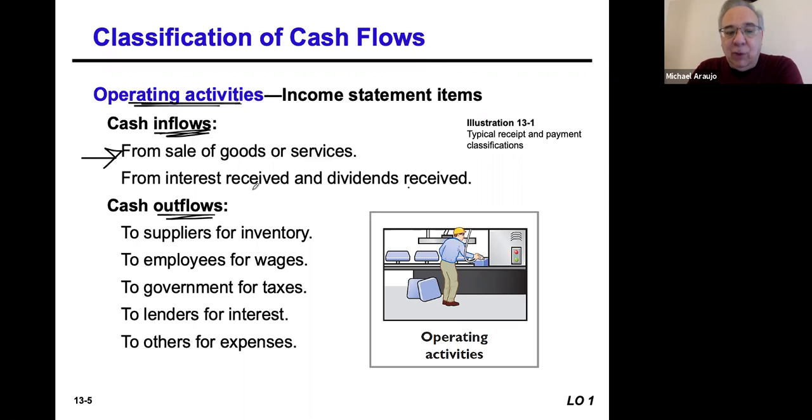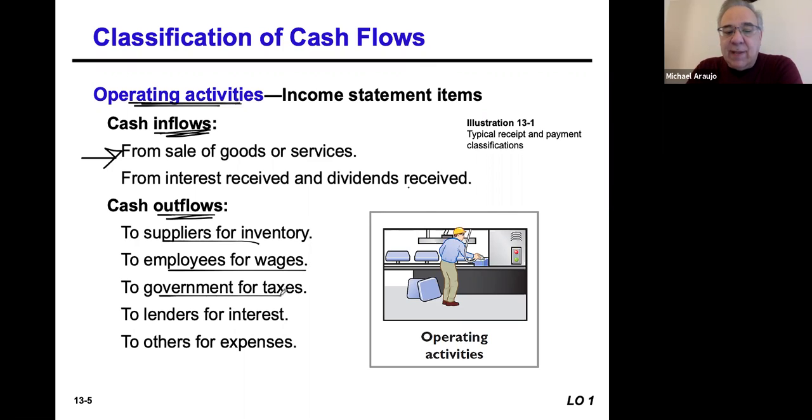Cash outflow looks at the uses of cash related to operating activities. So they'll pay suppliers for inventory, right? Either that's going to be directly supplies for cash, or if they put it on account, they're going to need to pay that. Employee wages paid in cash, that's cash going out.